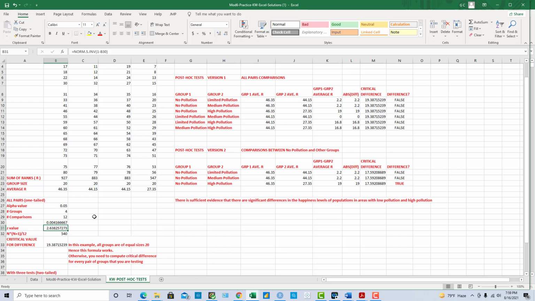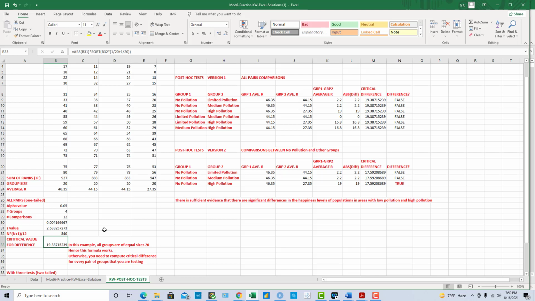This Z value is obtained by using this function and 1 minus B30. That's how we obtain the Z value, and then n times n plus 1 by 12. This is 80. We have 80 observations. 80 times 81 by 12. That's how we get 540.